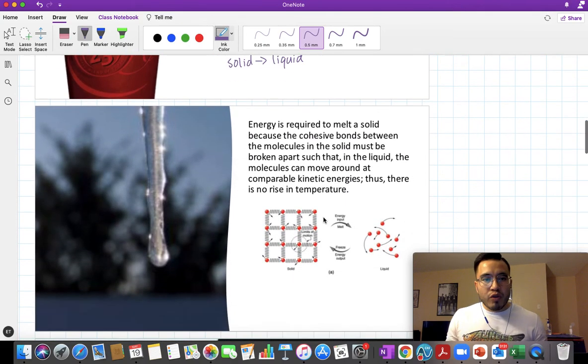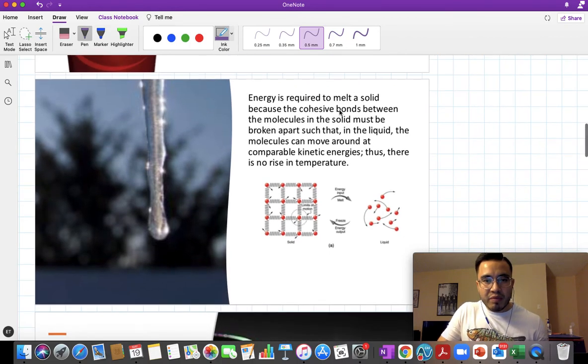So I'm going to read this from the text and just explain a little bit what that means. This says energy is required to melt a solid because the cohesive bonds between the molecules in the solid must be broken apart such that in the liquid the molecules can move around at comparable kinetic energies. What this is saying is that to melt ice you need energy, right?